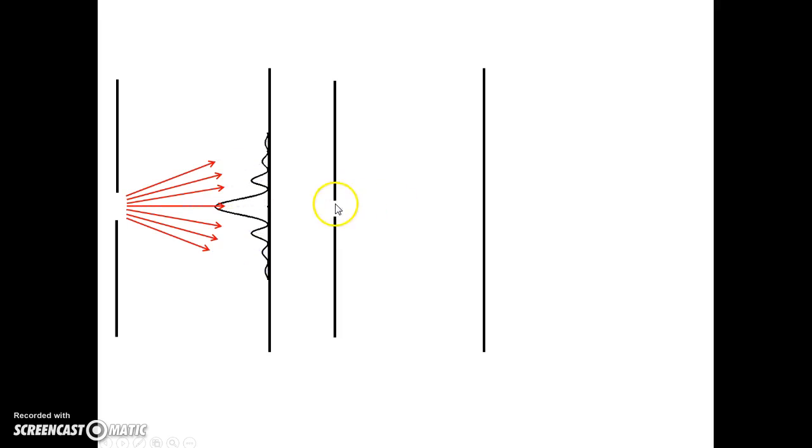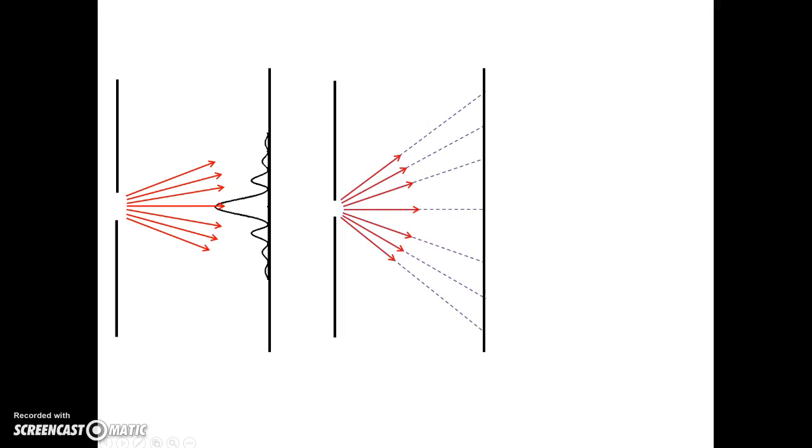Here's the medium width slit, and again, this is the back screen, where the dot appears. If we send light through, it spreads out, and you see that the pattern then is going to be more spread out. We extend these arrows back, and now this is where you find the new intensity peaks.